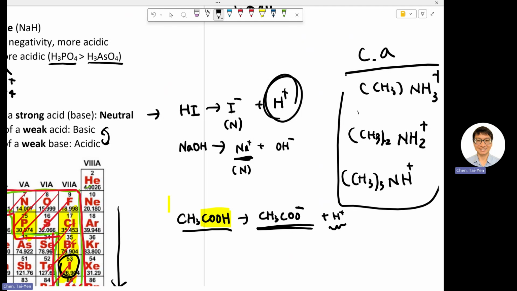Basic. Okay, it's a conjugate base of a weak acid. Therefore, it will be a base. Strong or weak? Weak. Okay. So those are the questions. Now, those are the concepts that you should know. So this will be a weak base. This will be the weak acid.